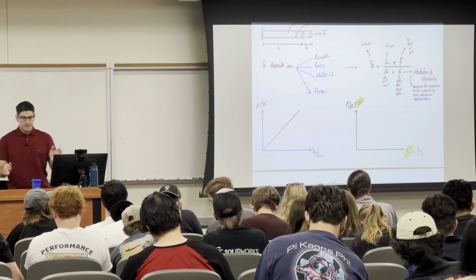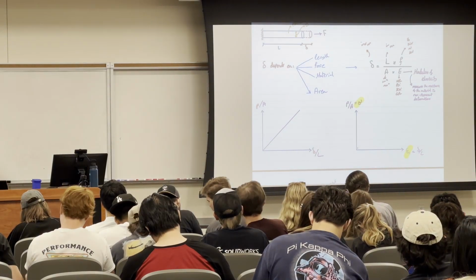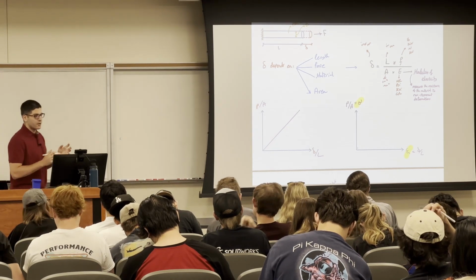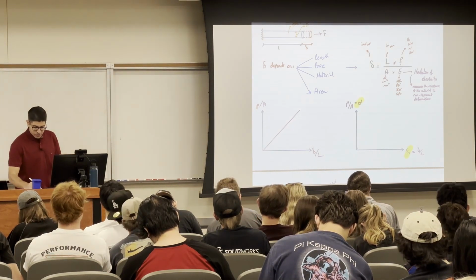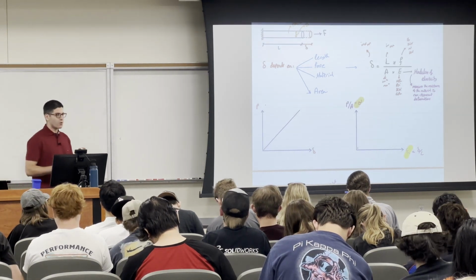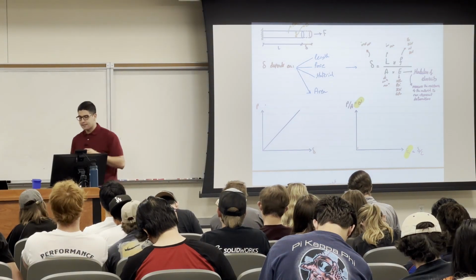Do you understand that P over delta, that's nice. Yeah, we all know it's a direct relationship, but this relationship is missing a lot of things. When you see a relationship between P and delta, you might have a lot of questions, such as what was the cross section that you built this curve on? Or what was the length of the member?